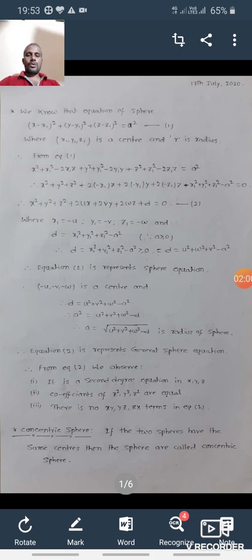From equation 2, x1 equal to minus u, y1 equal to minus v, z1 equal to minus w, where d equal to x1 square plus y1 square plus z1 square minus a square. Here a is the radius, so a is always greater than or equal to 0.